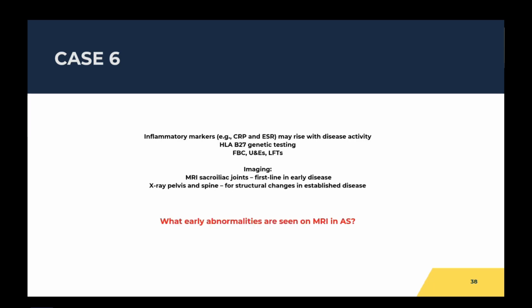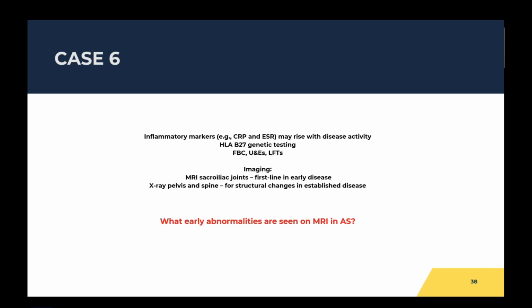So if I just go through the answer, in terms of blood, you'd want to do your inflammatory markers, CRP and ESR, and you'd want to monitor these regularly with ongoing disease. You'd also want to do HLA-B27 genetic testing, and a full blood count, U&Es and LFTs.